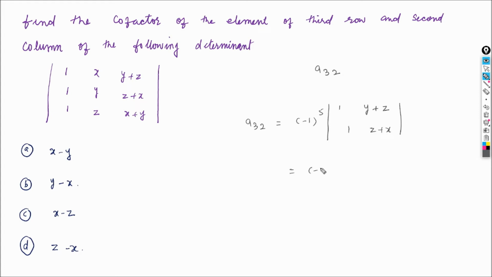So this is minus 1 into z plus x minus y minus z. This will get cancelled, so minus 1 into x minus y, which is y minus x. So B will be our answer.